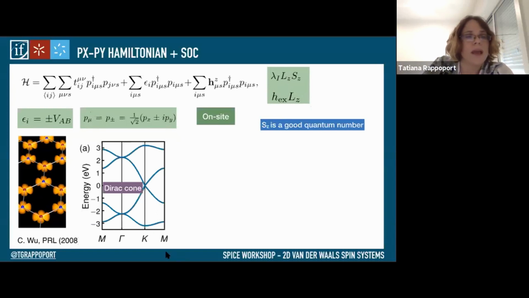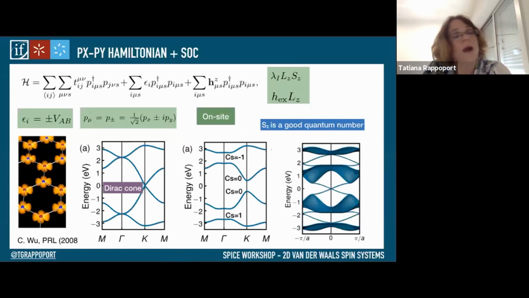Well, this is the structure without spin-orbit coupling. When spin-orbit coupling is taken into account, different from the Kane-Mele model, as I told you, Lz sz is connecting the two orbitals in the same site. So the spin-orbit coupling is very strong. And therefore, it generates a spin state split, and each band will have a spin Chern number, which means that this is a topological quantum spin Hall insulator.